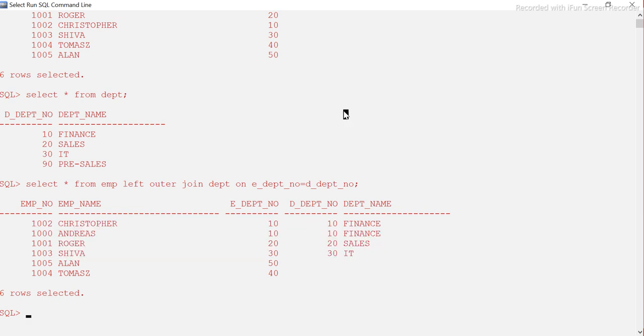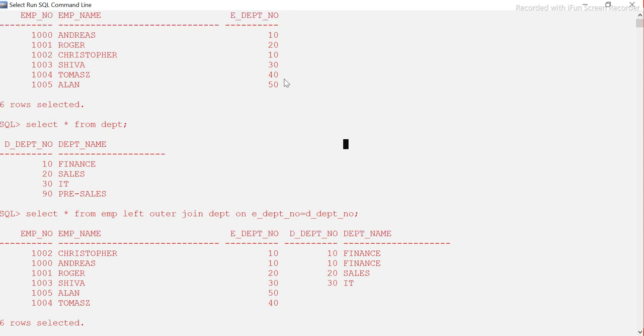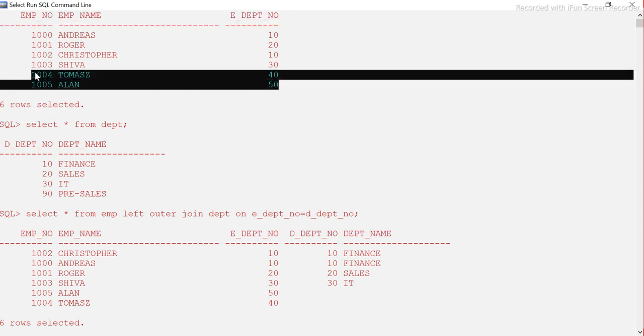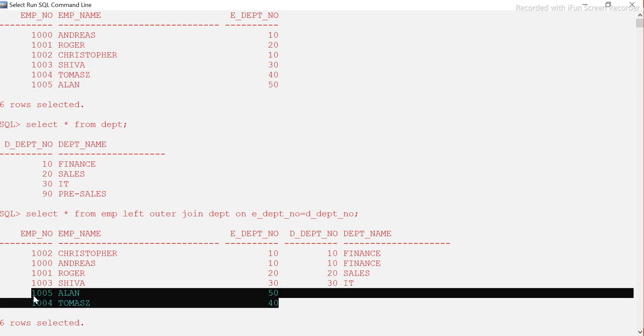Now, what did I say when I say left outer join? Whatever is not matching from the left table will come as it is. So these two rows are not matching, and they will come like 1004 Thomas with 40, and again 1005 Alan with 50. You see that they are coming here.